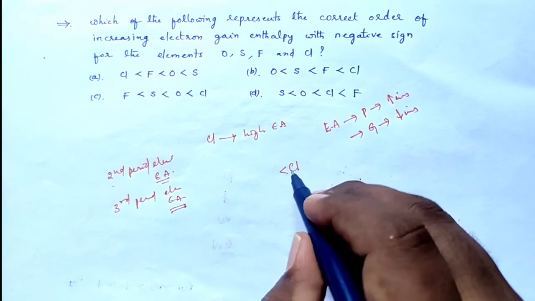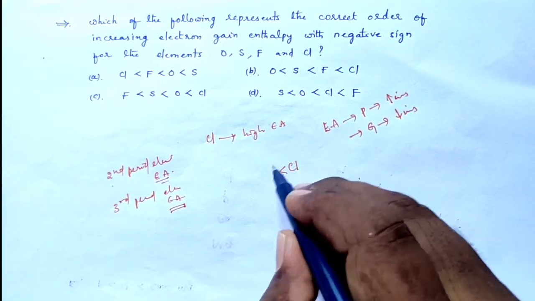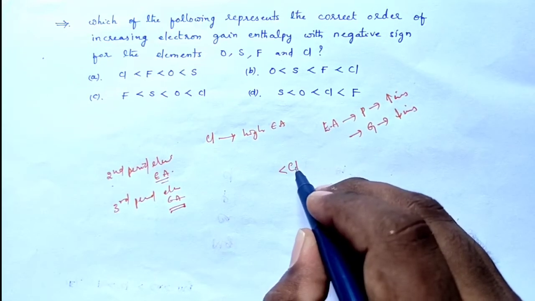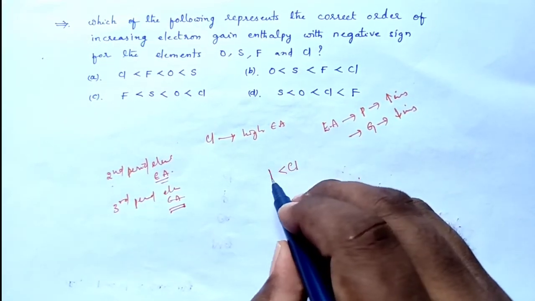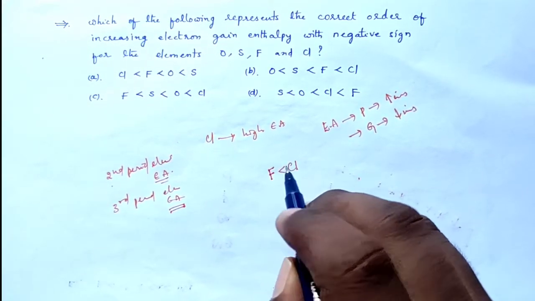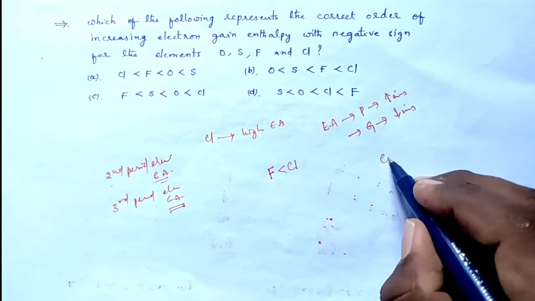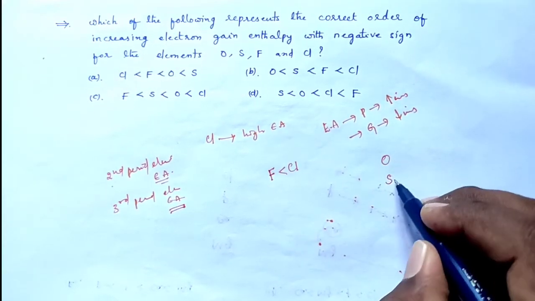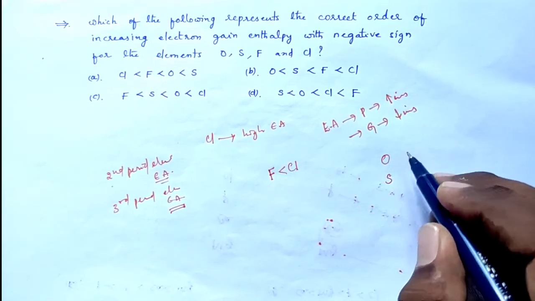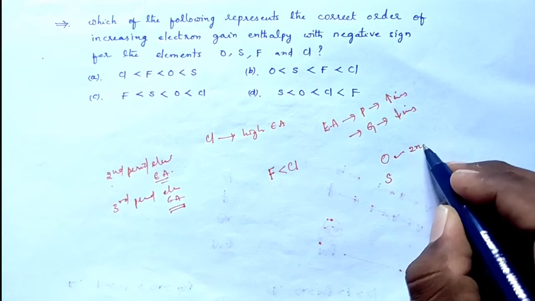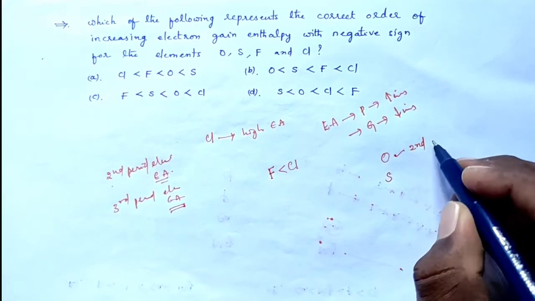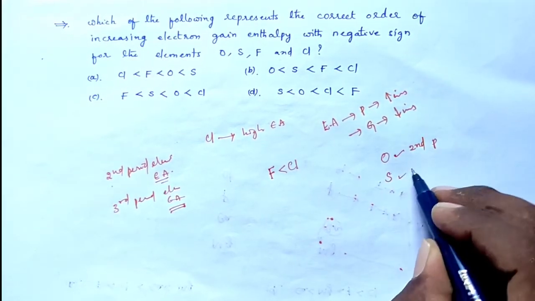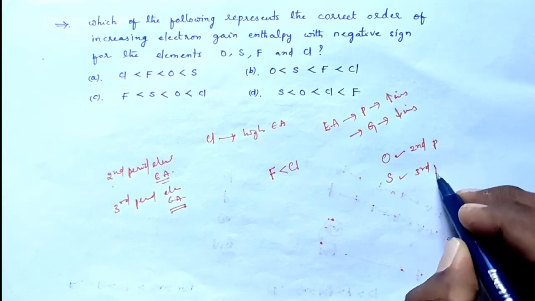So that's why Cl has the highest electron affinity. After Cl, in the given options we have fluorine. After fluorine we have oxygen and sulfur. These two belong to the same group, and oxygen is present in the second period, whereas sulfur is present in the third period.